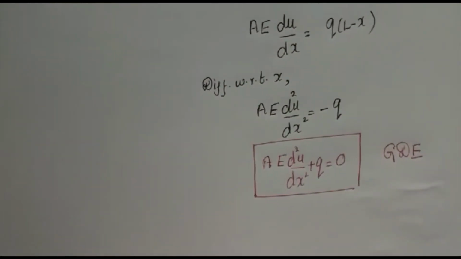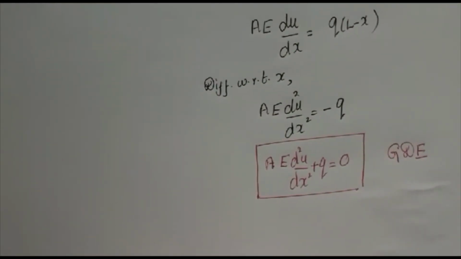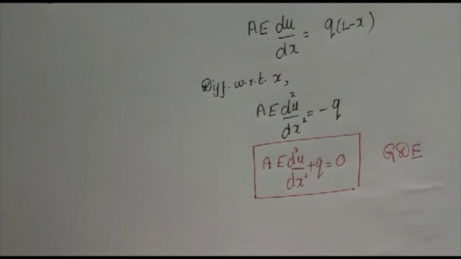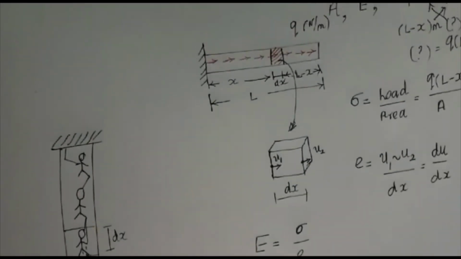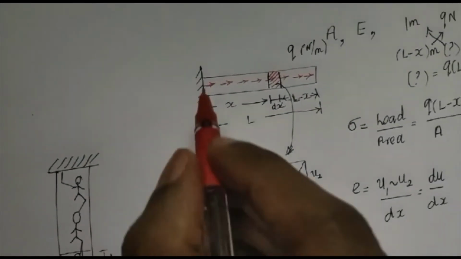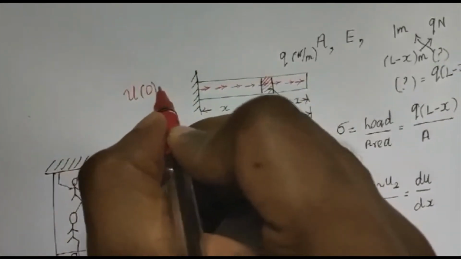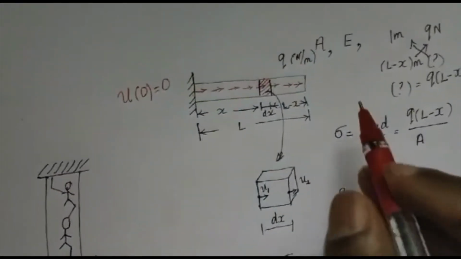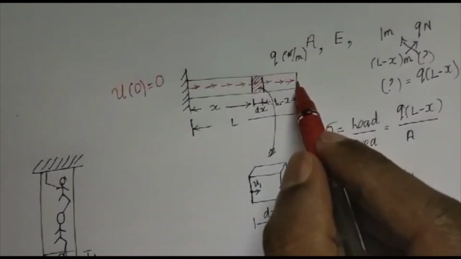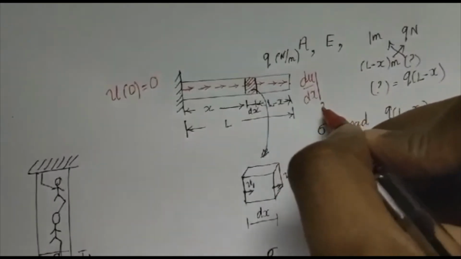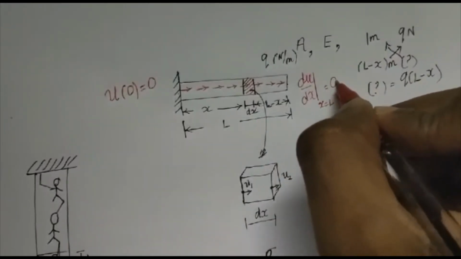Now we have to solve the governing differential equation. In order to solve it, we have to define the boundary conditions. So let me define the boundary conditions. At the left extreme end, what is the value of displacement? 0. So displacement at the left extreme end is 0. What is the value of strain at the right extreme end? Strain is du by dx at x is equal to L at the right extreme end. That is also 0.